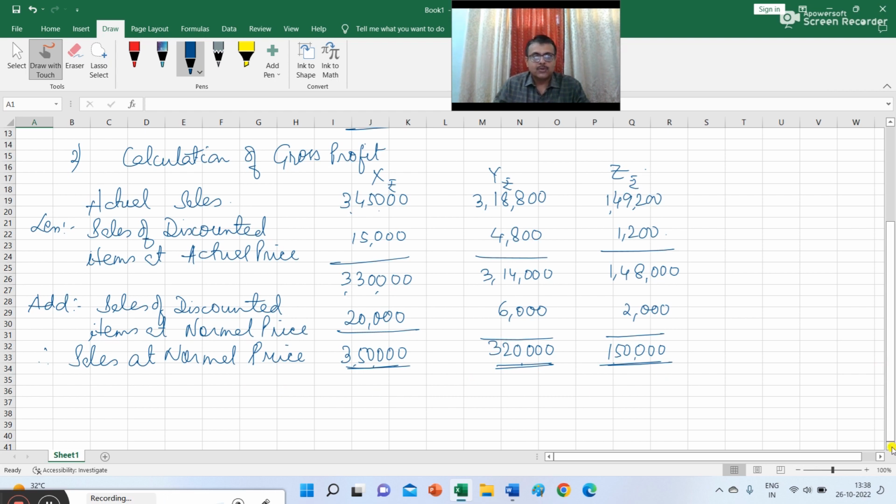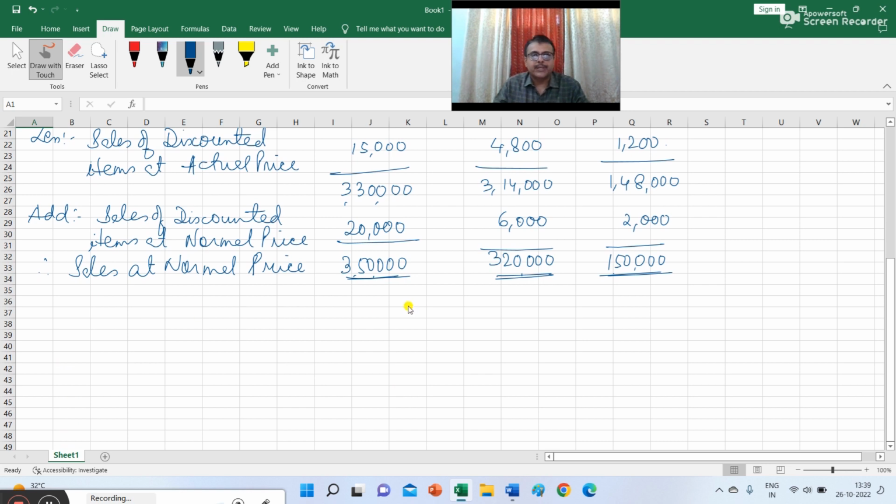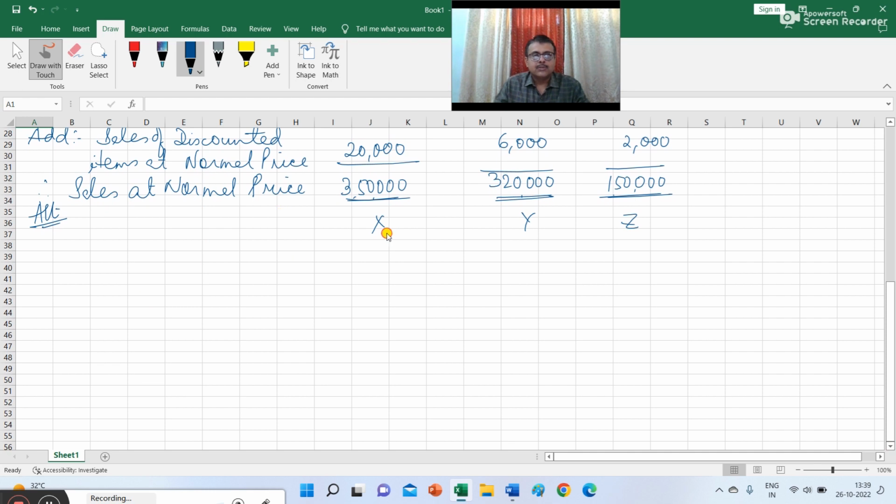So I am also showing the alternate calculation for the purpose of calculating the gross profit. So the three departments X, Y and Z.